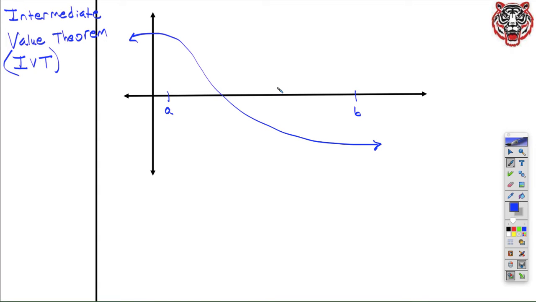And I need to state my theorem here. Just making sure I do this correctly. Let's choose our C to be just the x-intercept.